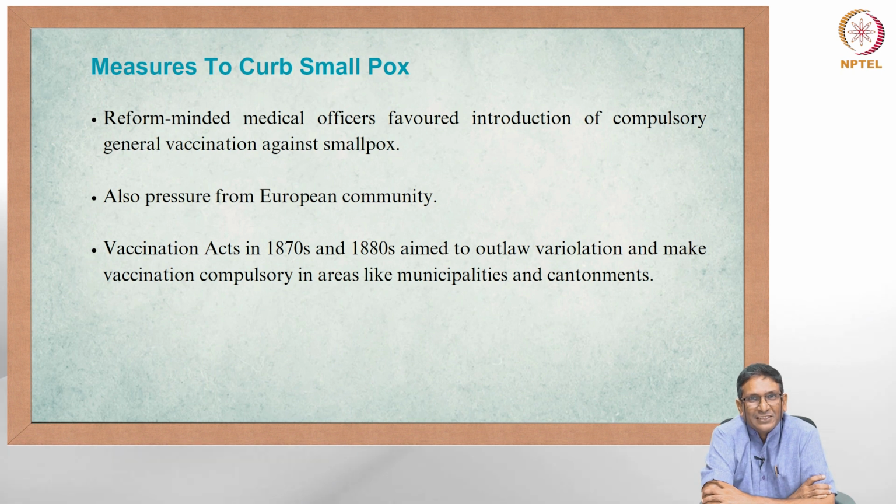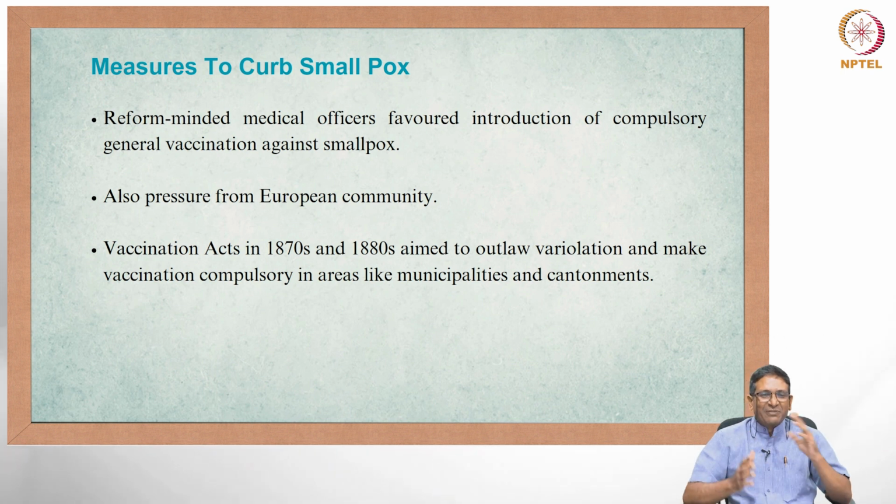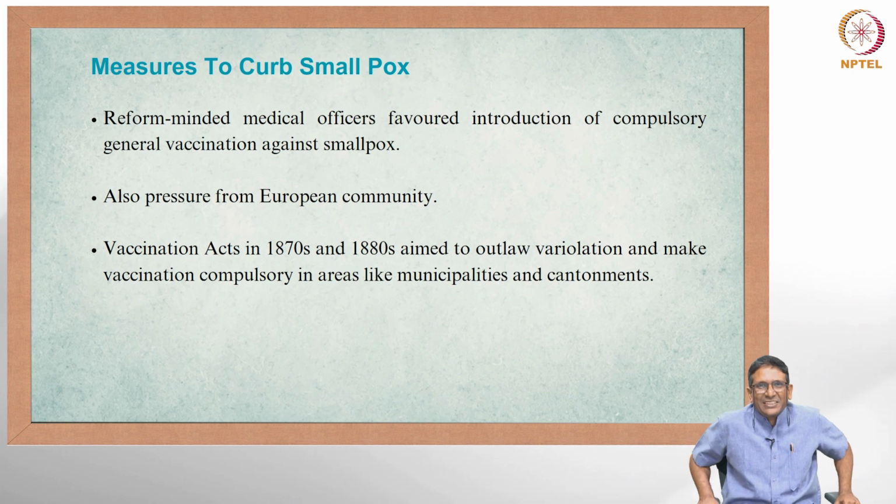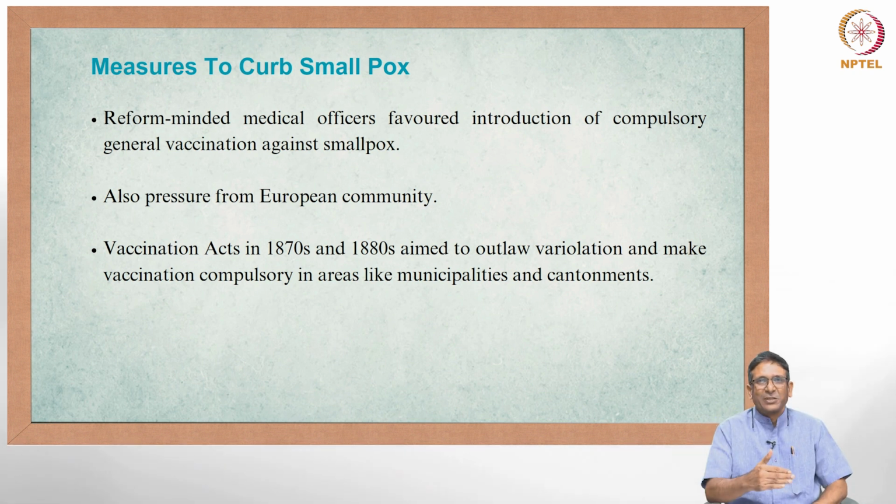Again, this is something which many of us can personally relate to in the context of COVID. Of course, there weren't any direct compulsions made, but there were other indirect ways in which we were made to feel that this is something which had to be done, but this is something more direct.